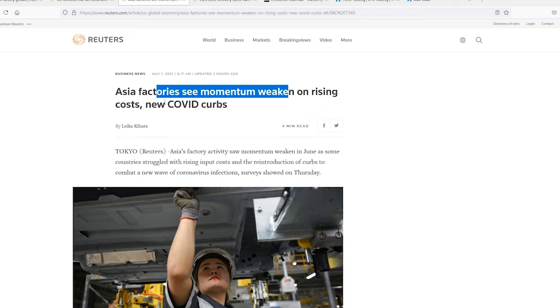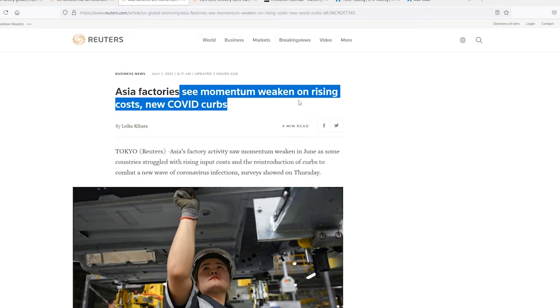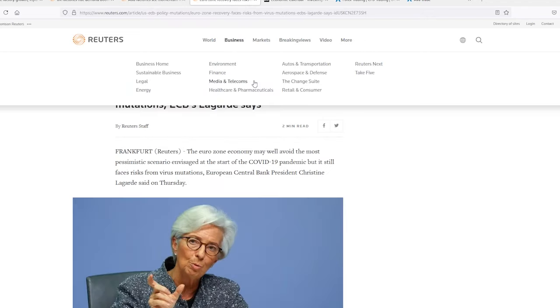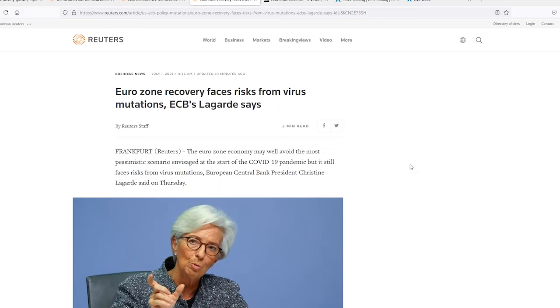Okay, so we're seeing signs of a potential problem globally with inflation, and we see it creeping into the Asia factories already. Eurozone recovery faces risks from virus mutations. That's another thing to keep in mind. There could be a sell-off on the markets real quick if all of a sudden this virus mutates and it's deemed that the vaccines aren't working against the mutation.